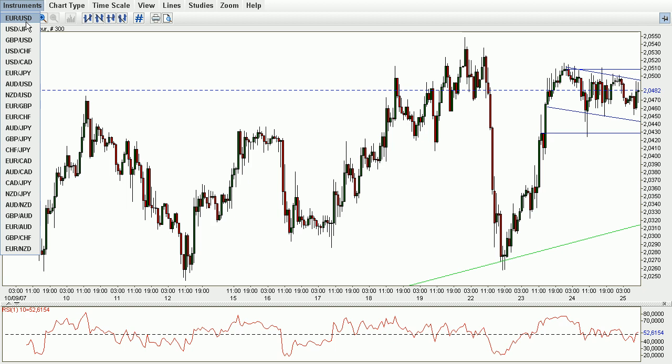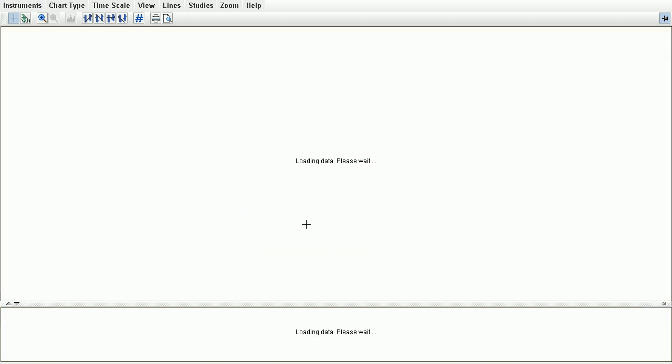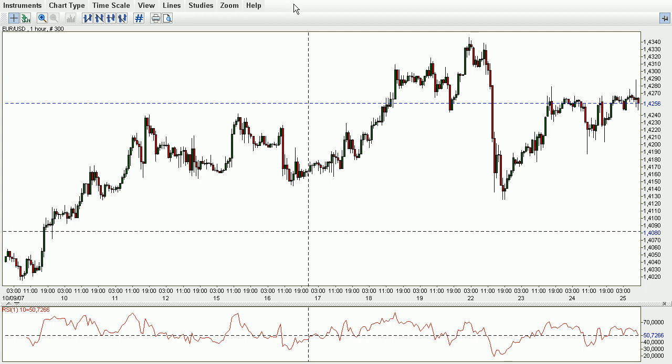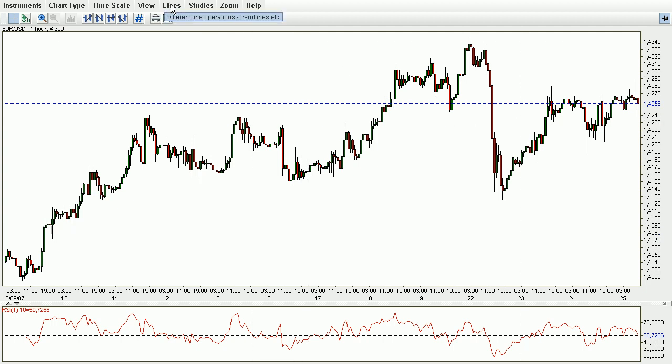Okay, if we go to the euro-dollar currency pair, let's try to spot some indications there. Here we didn't see much price action yesterday, and as I expected, if we saw a break below this level here, I was suggesting that if the pair closes below this level, then we might see further declines of this currency pair.